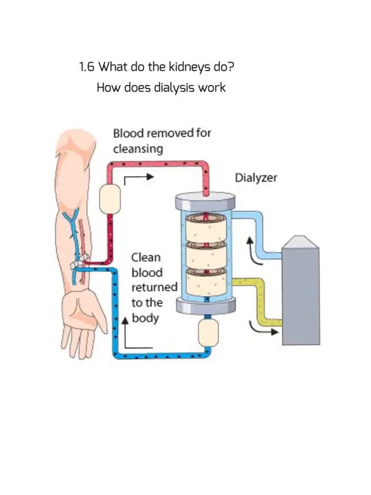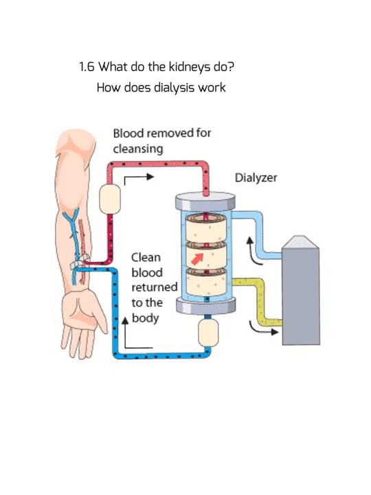Here, as you can see in the image, arteries and veins are inserted with needles. When the blood flow starts, the blood from the arteries enters the dialysis machine. Here you can see filters. These filters remove impurities, like how our kidney works.